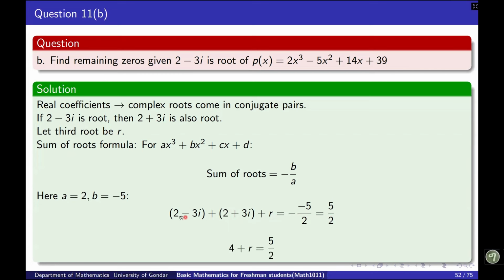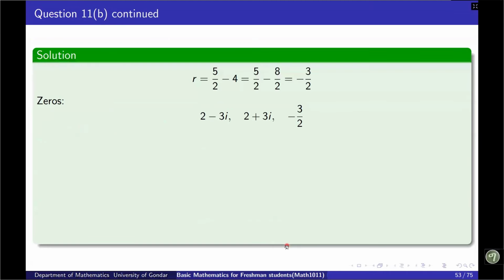And the sum of these two, 2 minus 3i plus 2 plus 3i: minus 3i plus 3i will be 0, 2 plus 2 will be 4, so that we are left with 4 plus r is equal to 5 over 2. So taking 4 to the right side, 5 over 2 minus 4, which is equal to 5 over 2 minus 8 over 2, which is equal to negative 3 over 2.